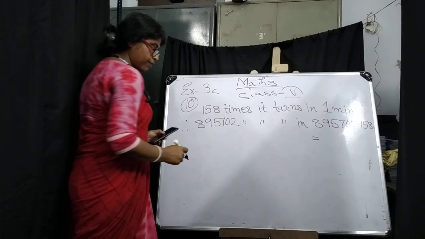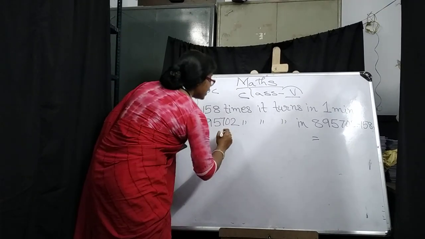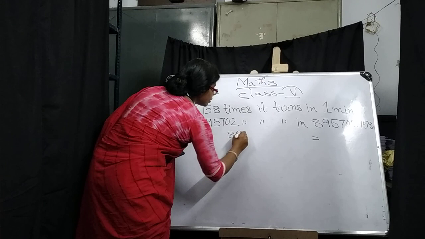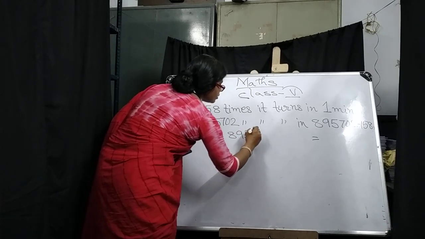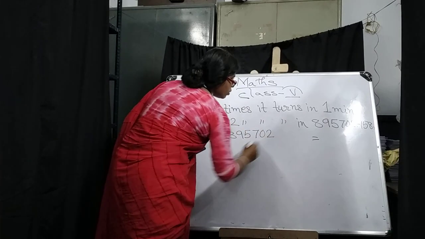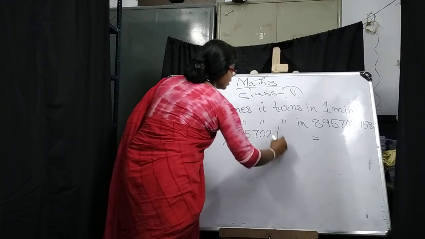So let us do the division. 895,702 divided by 158.